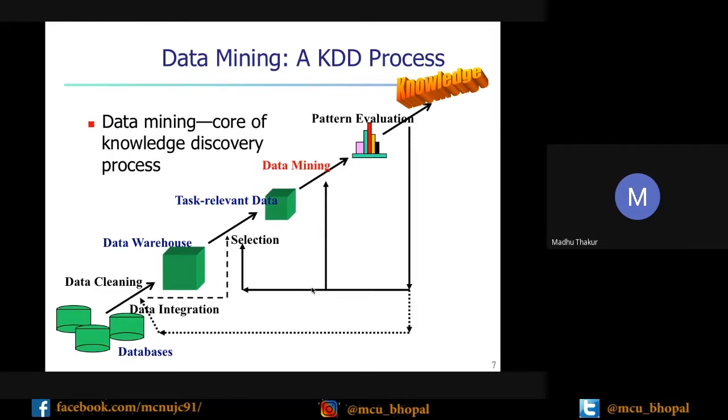Other than that, you can create a new attribute or feature. You can transform the feature. As I talked about yesterday, say date of birth is given, and you don't want to keep date of birth in your new data or new schema. You want to keep only age in years.